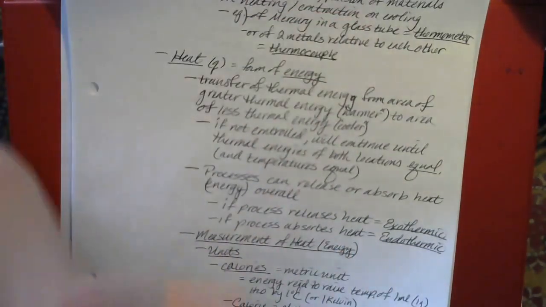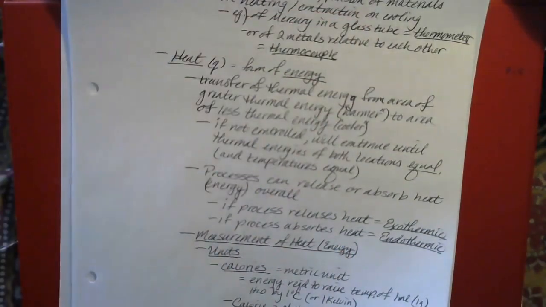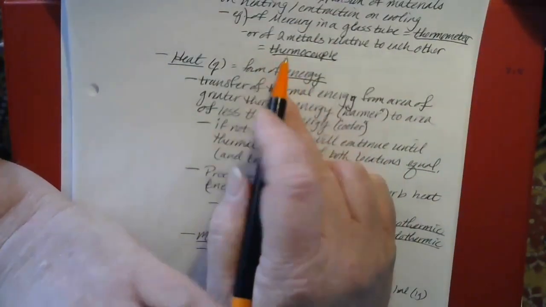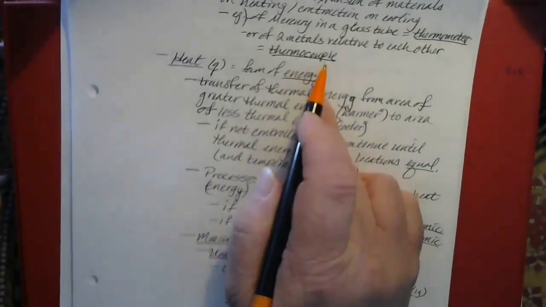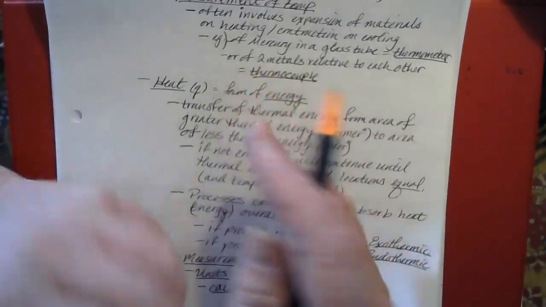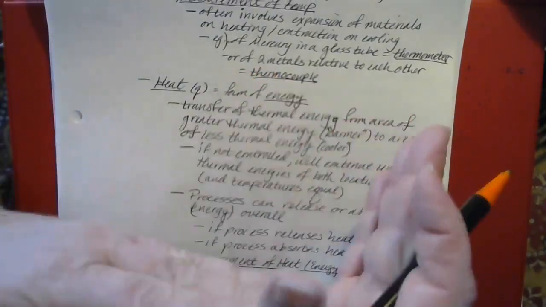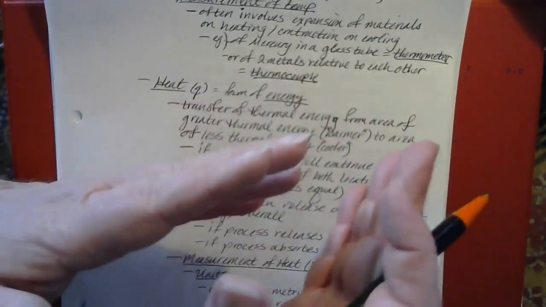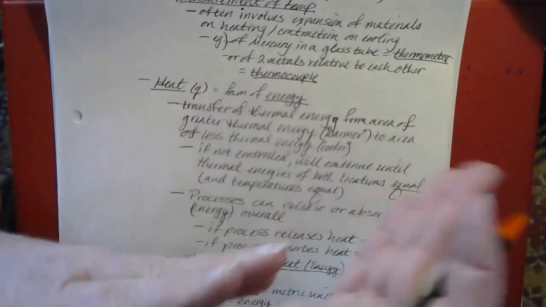When that happens, it expands so much that it actually breaks the glass and the thermometer is ruined. So for higher temperatures, we tend to use what's known as a thermocouple, and that's based on the relative expansions of two different metals relative to each other. You can use that to determine what the temperature is.